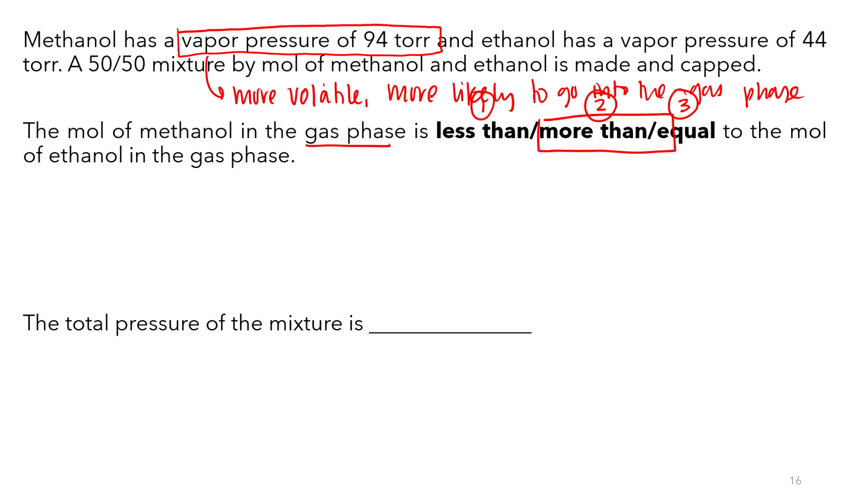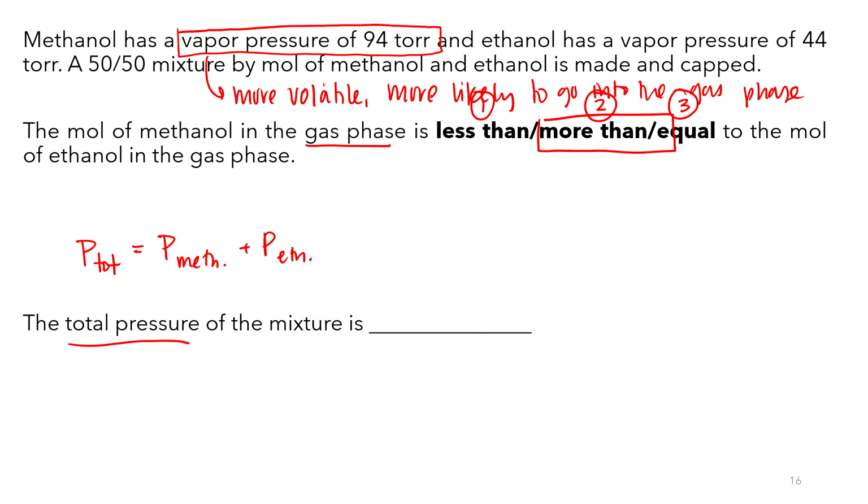Okay? We can also look at this quantitatively. What's the total pressure? Well, you'd remember that the total pressure is going to be equal to the pressure of methanol plus the pressure of ethanol. All right, that should make sense. Those are the two things that I have in my container. They're the things that are creating the pressure.